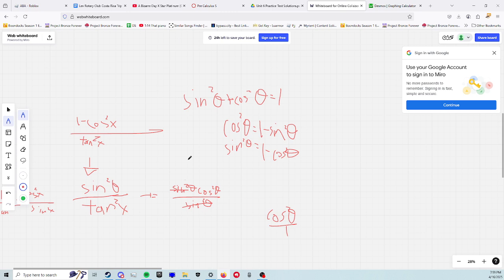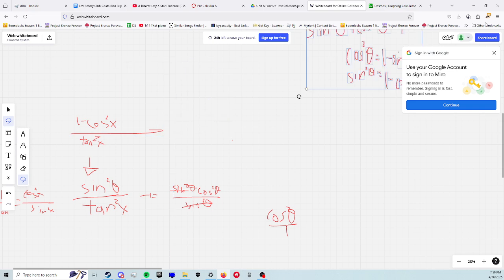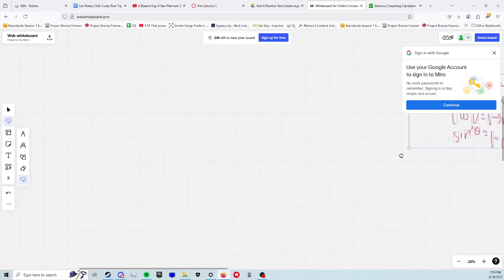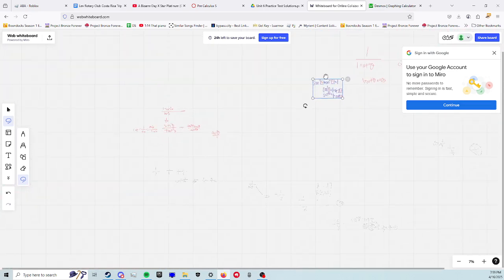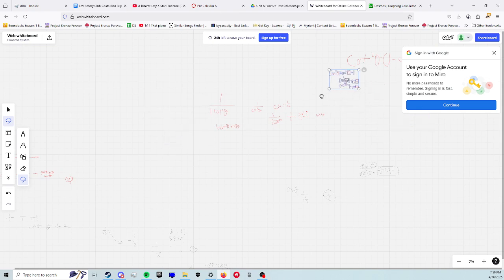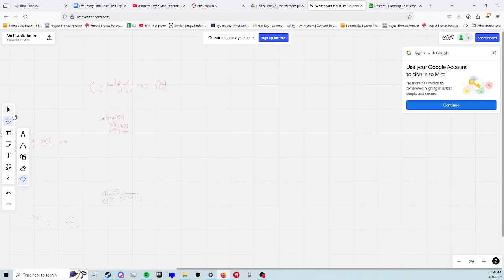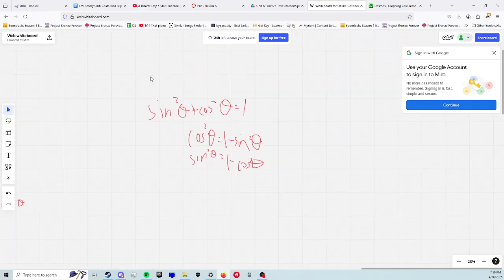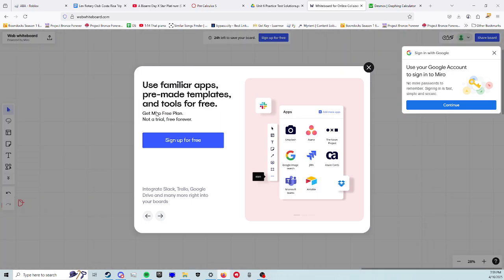Oh, over here. Let me drag this over here. So I just dragged this. These are the important identities. Again, they're on the white sheet in the Pythagorean identities, and this is really important.